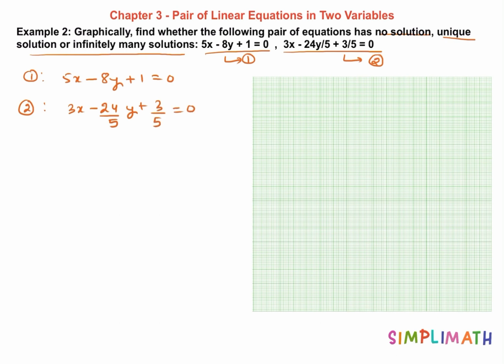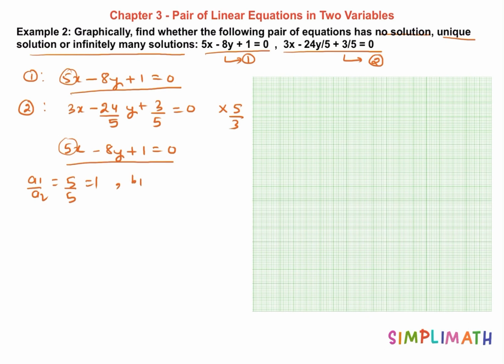So when we multiply equation number 2 by 5 by 3, what do we get? Let's see. We get 5x minus 8y plus 1 equal to 0. Now you note over here that equation 1 and equation 2 are same, right? And also when we take a1 by a2 equal to 5 by 5, which is equal to 1, b1 by b2 equal to minus 8 by minus 8, which is equal to 1, and c1 by c2 equal to 1 by 1, which is equal to 1.